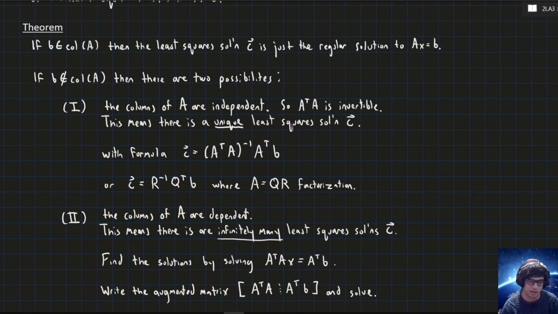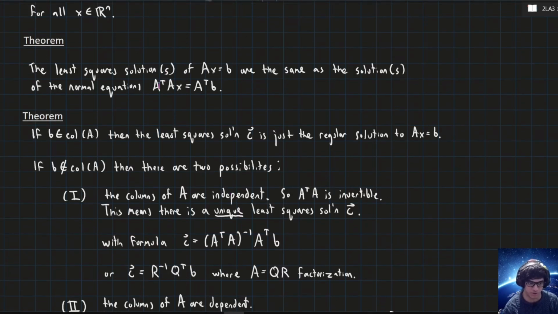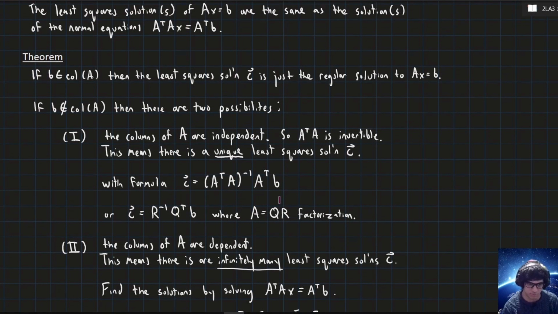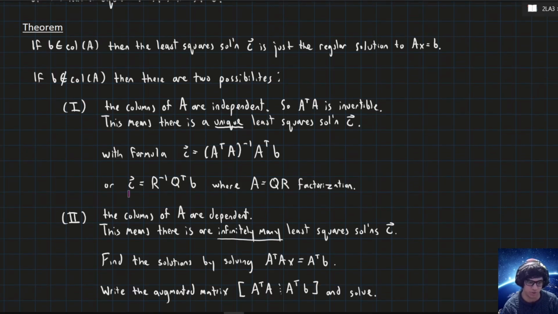If you happen to have worked out the QR factorization, it is also well suited to solving the normal equations. With a little bit of work, you can show that the least squares solution is equal to this. Remember, R was invertible.